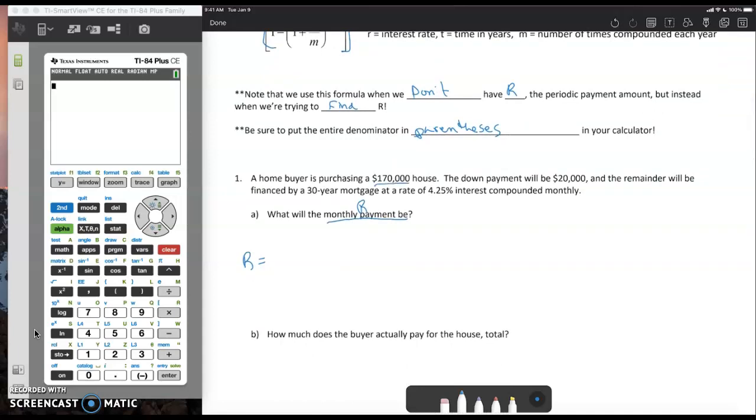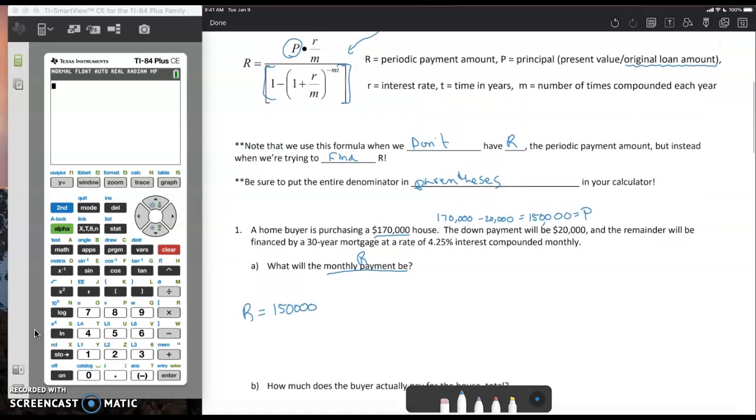However, they put some money down first, so they aren't loaning all of that $170,000. If there is a down payment, you have to deduct that off. So they're only loaning $150,000 in this case. That's going to be our P, our principal.